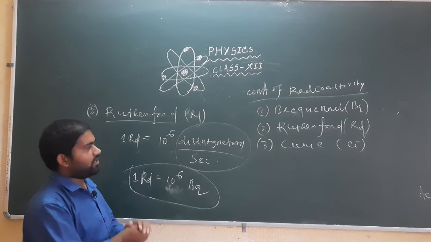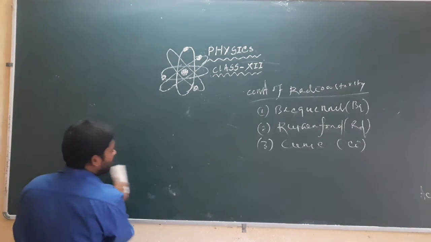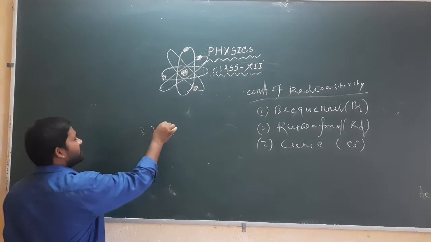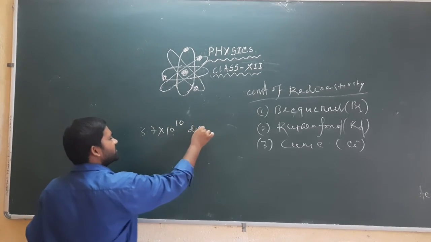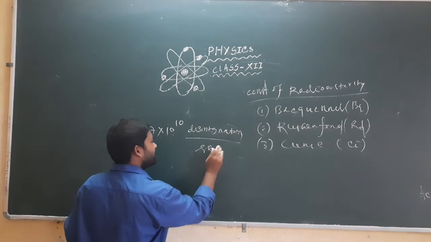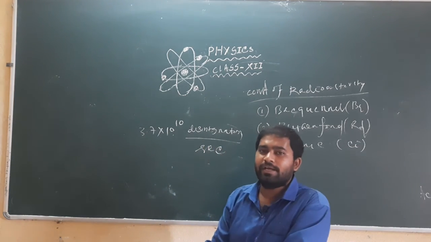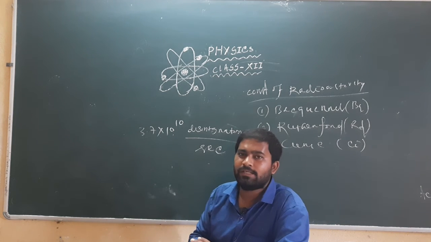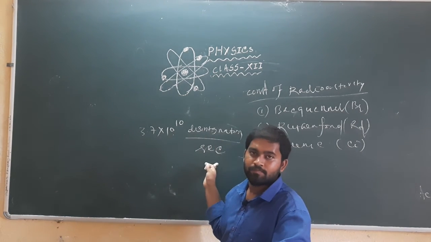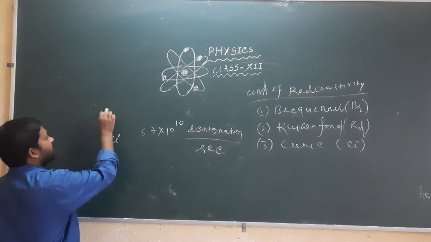Third unit of measurement is Curie. When we take the disintegration of any radioactive sample, if 3.7 into 10 to the power 10 atoms disintegrate per second, in unit time, then that radioactivity is known as 1 Curie.